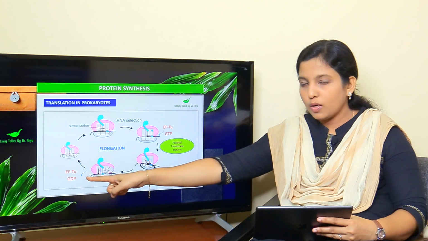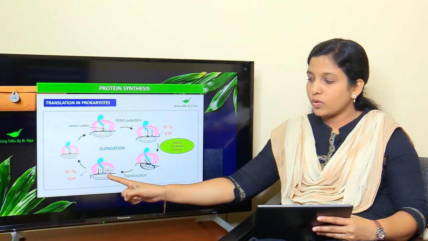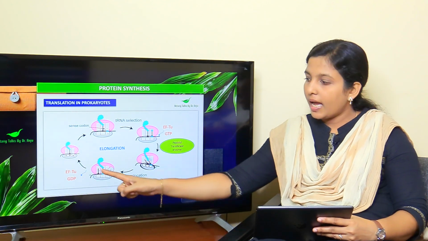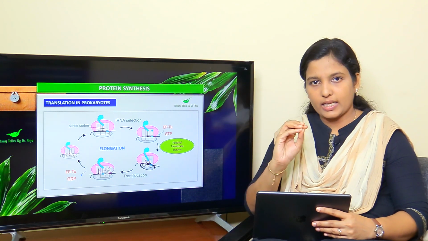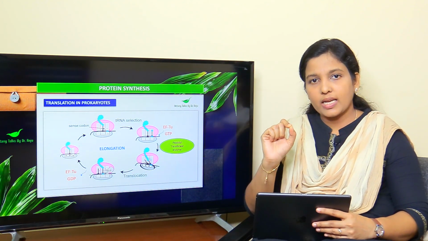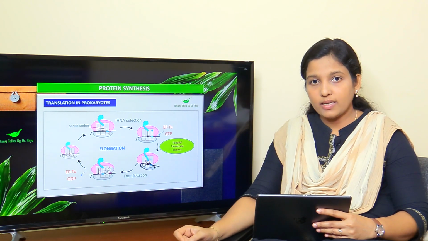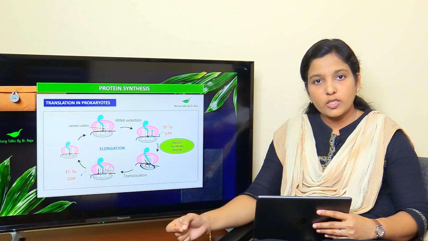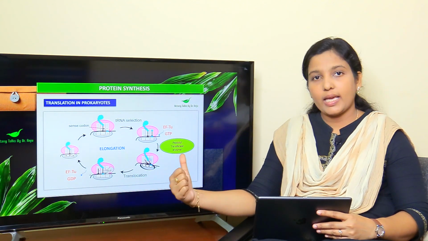During this step, elongation factor TU and GDP will also dissociate from this complex, and in this condition, this elongation factor is inactive. Only with the presence of a GTP molecule can elongation factor TU facilitate the attachment of an aminoacyl-tRNA to the A site.